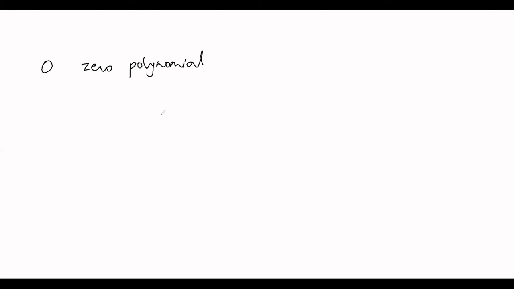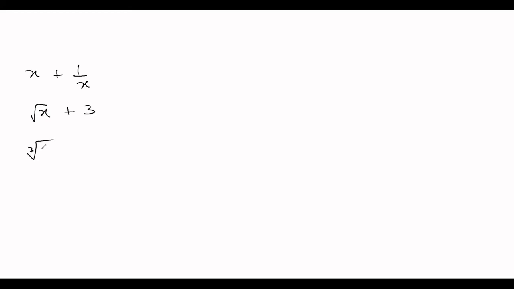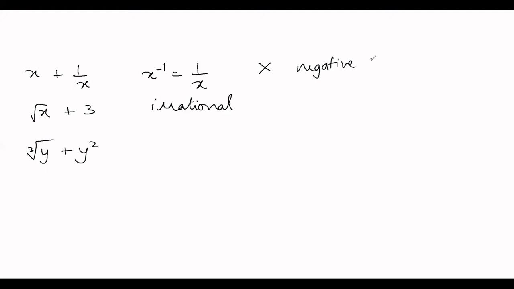Now let us look at a few expressions which look like this: x plus 1 by x, or say root x plus 3, or cube root of y plus y squared. In the first example here, I have a negative power of x because x power minus 1 is 1 by x. This is not a polynomial. I have root x, that is irrational. And here we had negative power of x. So therefore, this is not a polynomial.